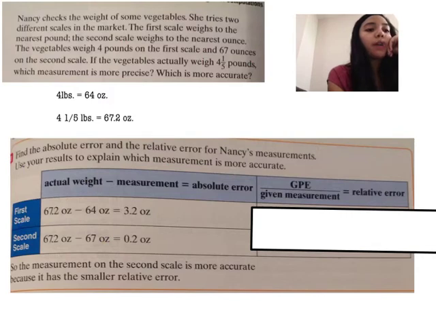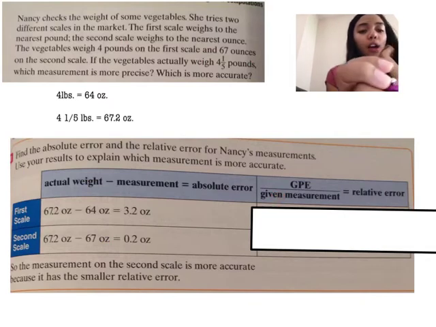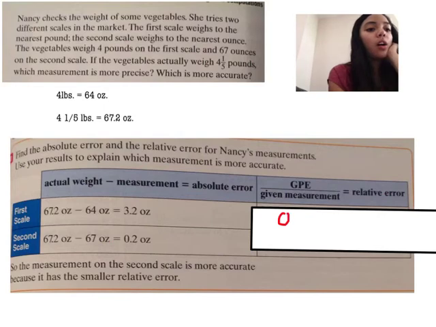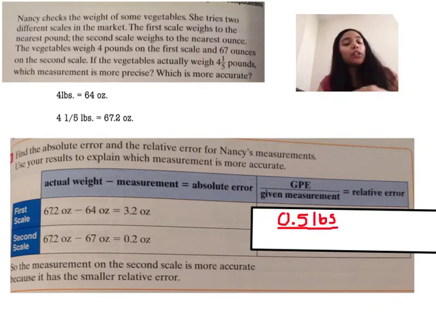So the actual weight is 67 2/10 ounces minus the measurement for the second one, which was 67 ounces, and that gives you 2/10 ounces. So now I want you to find the relative error. Relative error is always in percent. So once you get your decimal value, you're going to have to change it into a percent.